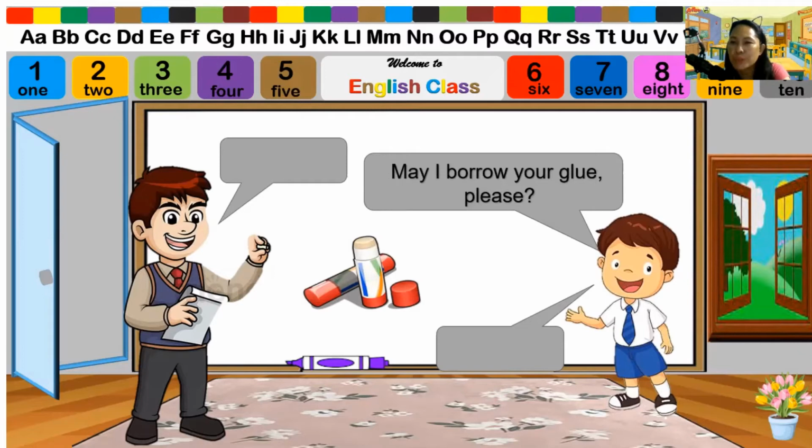Then Mr. Smith is allowing you to borrow. He will say, yes, you may. It means, okay, he can borrow. And then you must say, thank you, if somebody allows you to borrow.